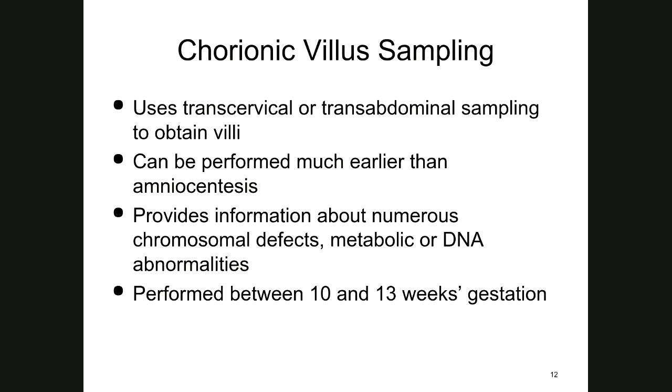If the patient had a previous child with a genetic abnormality and they wanted to assess, especially if it ended in an anomaly that was not compatible with life, this would be a good test to offer early on in the pregnancy. If this test is done at like 10 to 13 weeks and they can discover that this is a pregnancy that will not result in a viable birth, then they can make some plans earlier on about that.